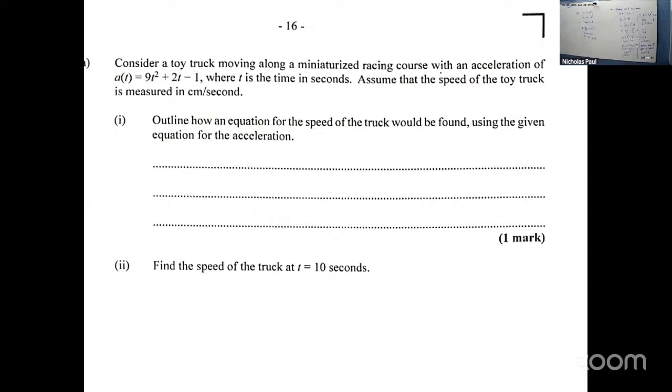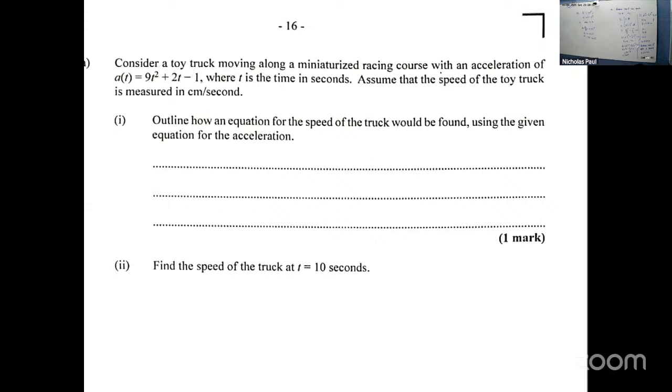Consider a toy truck. They give you the acceleration. Assume that the speed of the toy truck is in centimeters per second. Outline how an equation for the speed of the truck will be found using the given equation of acceleration. 3 marks. What are you gonna do? Integrate the acceleration with respect to time.